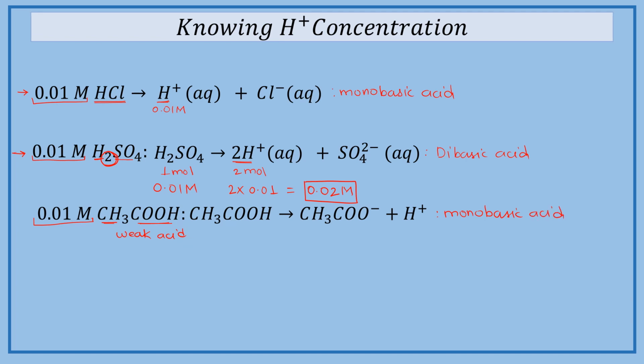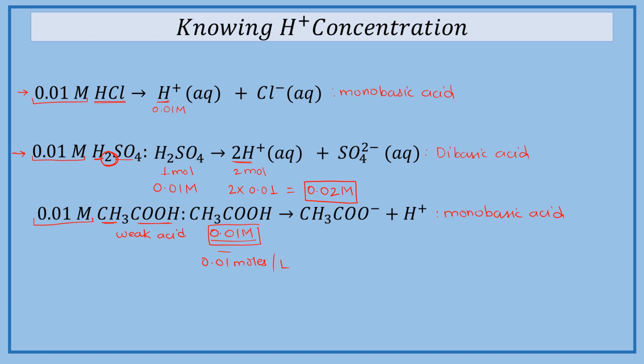However, in this example, we will notice that whichever concentration of acetic acid is present in the solution, that is 0.01 molar, it will not dissociate completely. 0.01 molar tells us that there are 0.01 moles of acetic acid present in 1 liter of the solution.